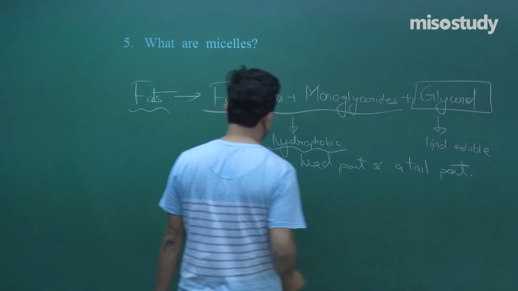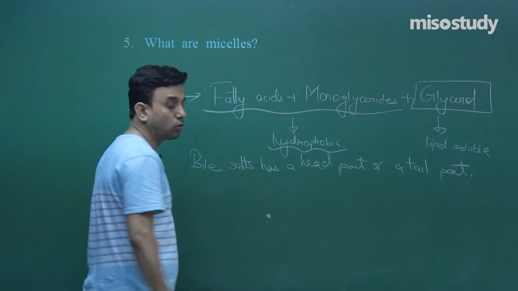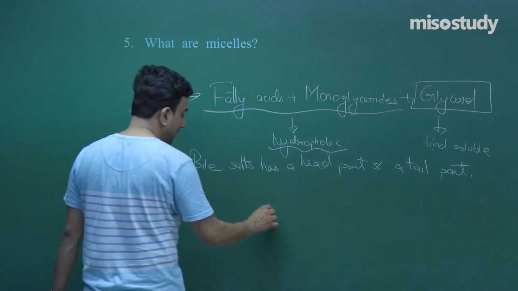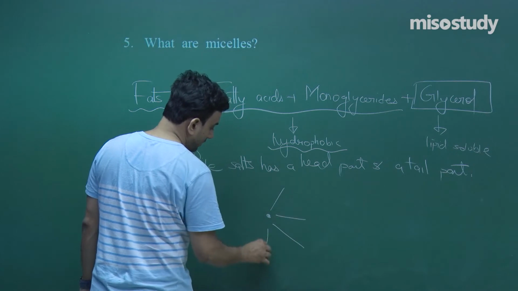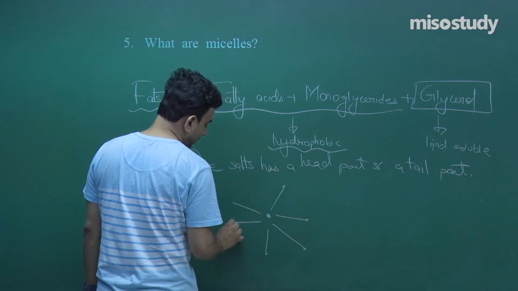Okay. So, what they will do, these fatty acids, say these are the fatty acids or the monoglycerides, they will be surrounded by these bile salts.